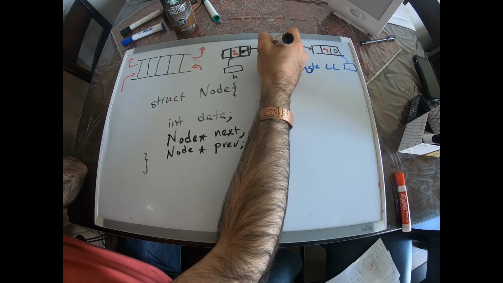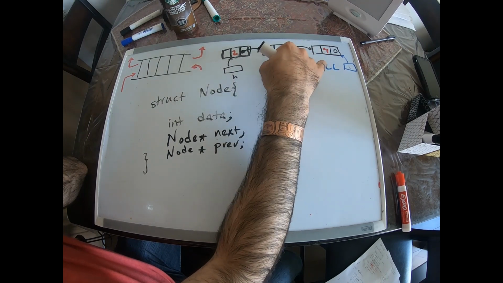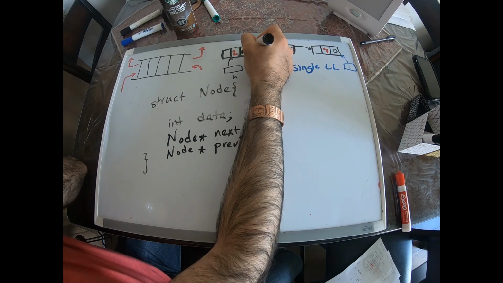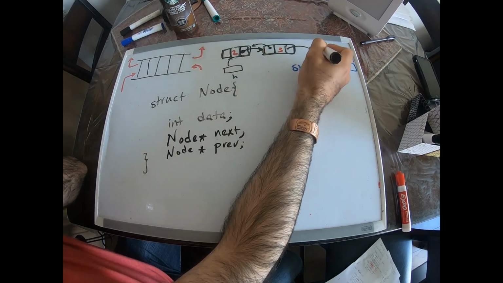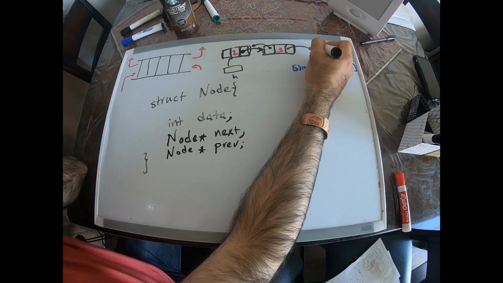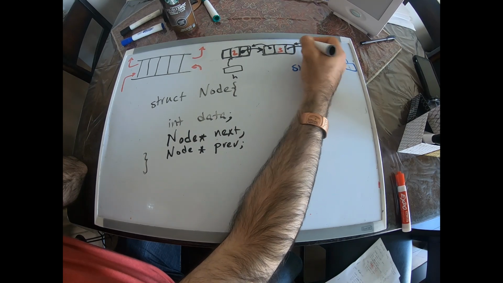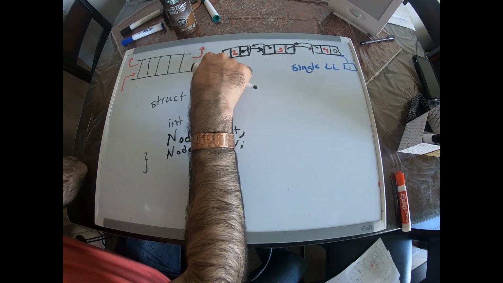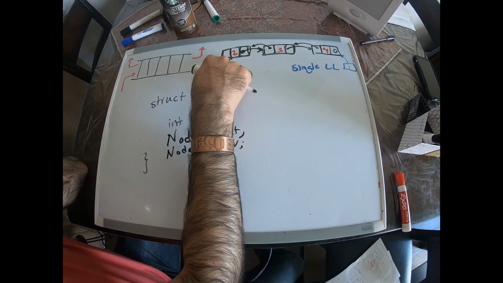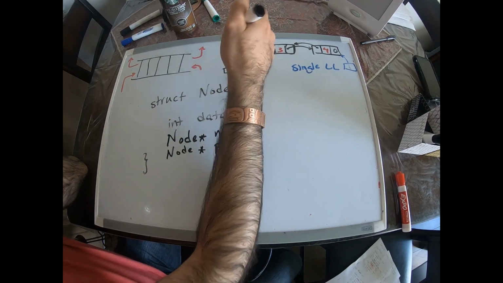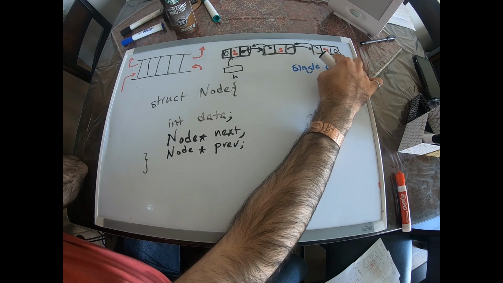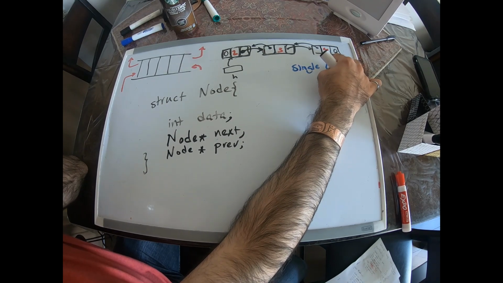So what we have is that the next pointer of each node points to the next node, and the previous pointer of each node points to the previous node. The previous pointer of the first node is going to be the null pointer. The next pointer of the last node is going to be a null pointer, right?